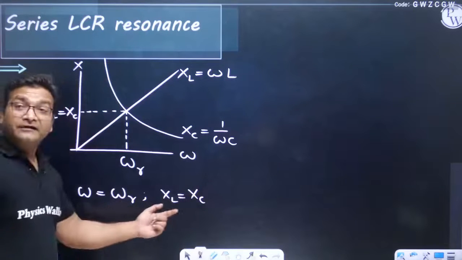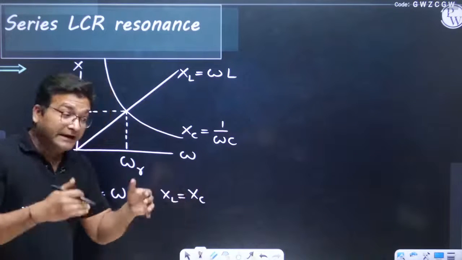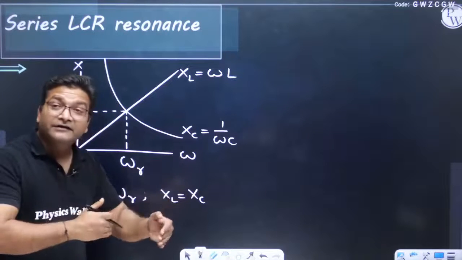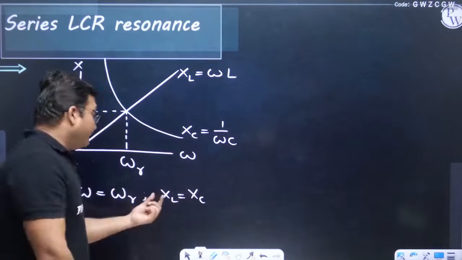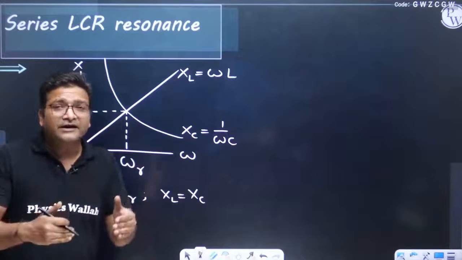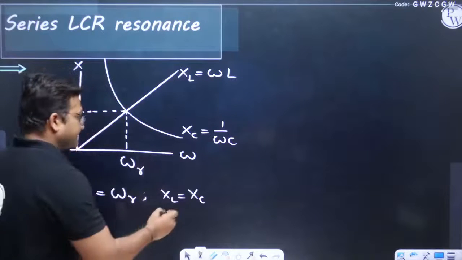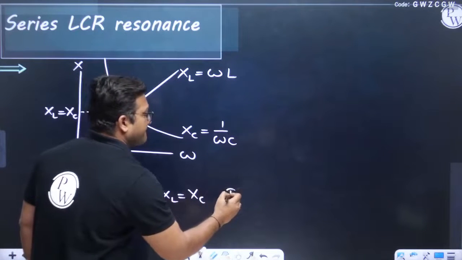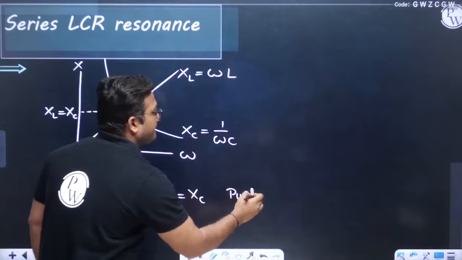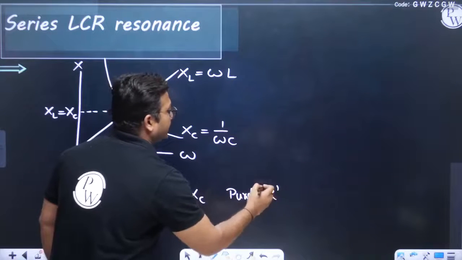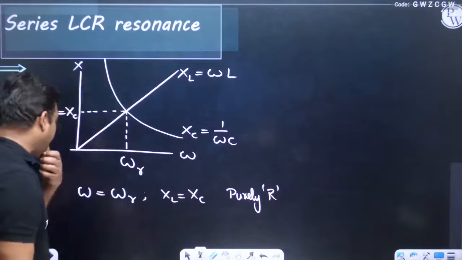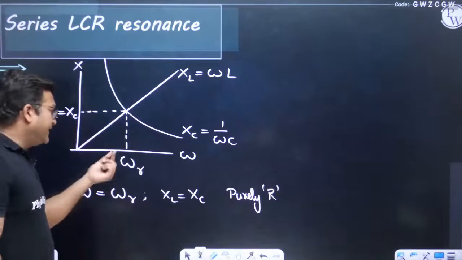As the net reactance is the difference of the two, the net reactance is 0. And if net reactance is 0, the circuit is purely resistive. Purely resistive. Yes.